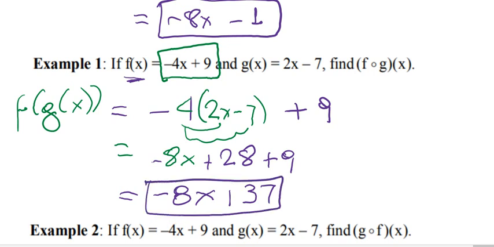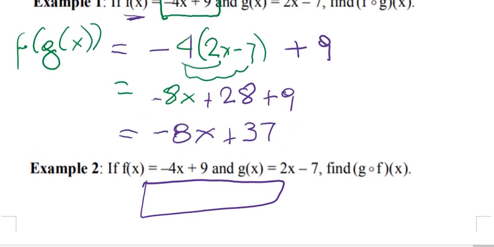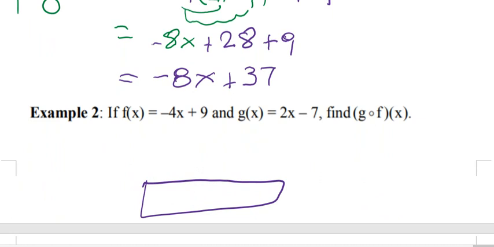Plus, I need to save it. So the next one is the opposite. It is find g of f of x. I would like you to have a go, and then we will discuss that in the class.